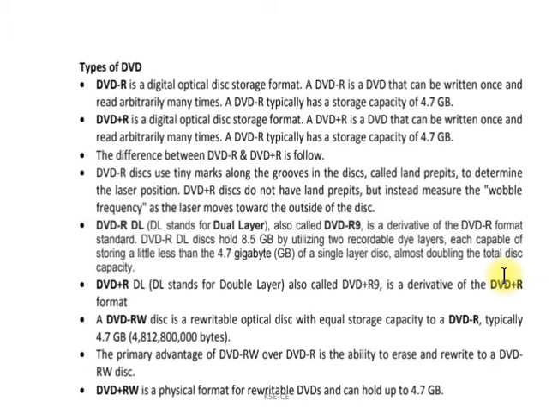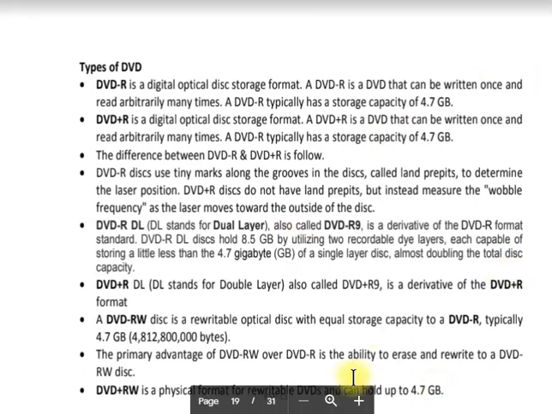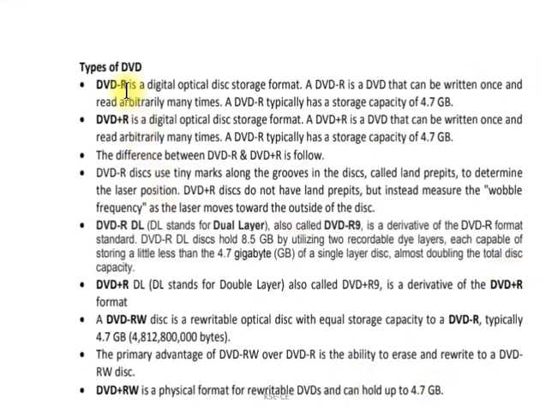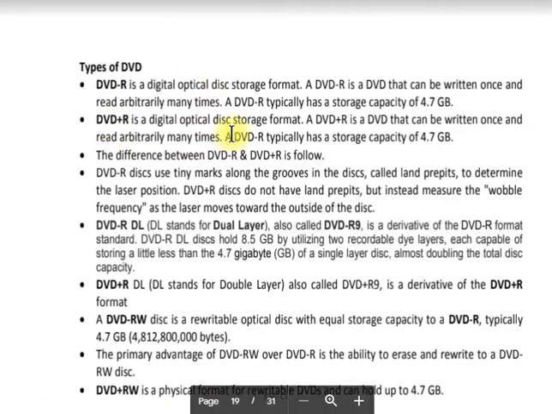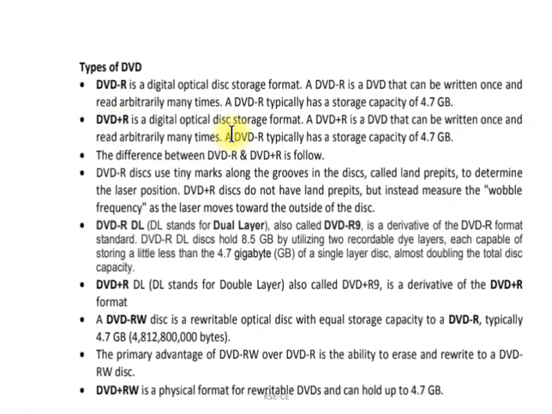Okay, the storage capacity of read and write is the same, that is 4.7 gigabytes. But the basic difference is that with DVD-R and R plus, you just read data multiple times and write one time.